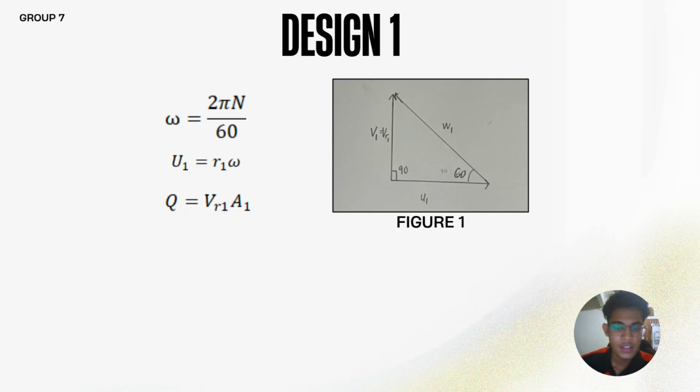So to find the area, we use the formula 2 pi R B1, and it gives the answer of 0.011 meter cube. After we rearrange the equation, we get VR1 equal to 0.091 meter per second.